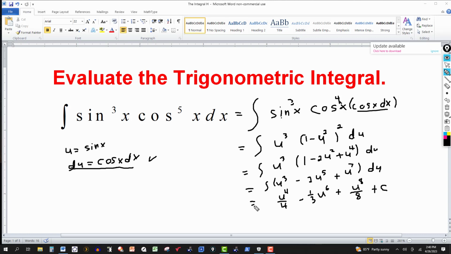Then all you have to do now is go back to the original variable. Right now we have it in terms of u, but u is sine x, so all we have to do now is replace the u by sine x.